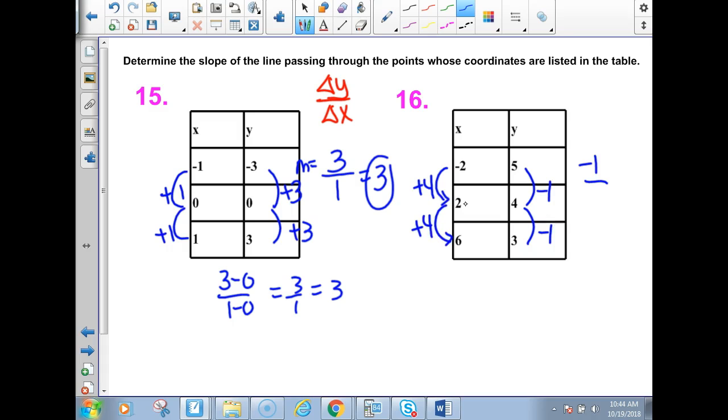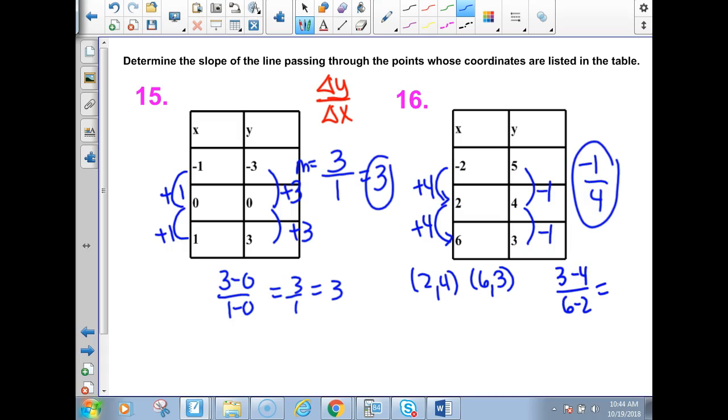So the change is negative 1 over 4. That's your slope. If that's not working for you, you can take any pair of points and do the formula. 2, 4, and 6, 3. You would have subtracted the y's, 3 minus 4, subtracted the x's, 6 minus 2, and there you go with the negative 1/4.